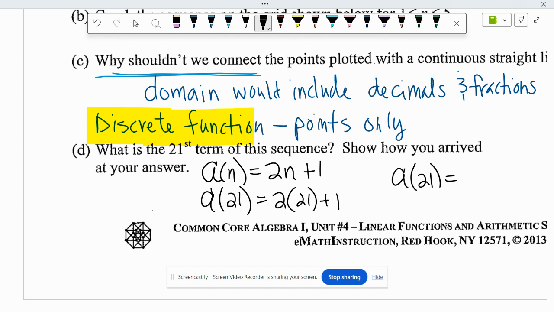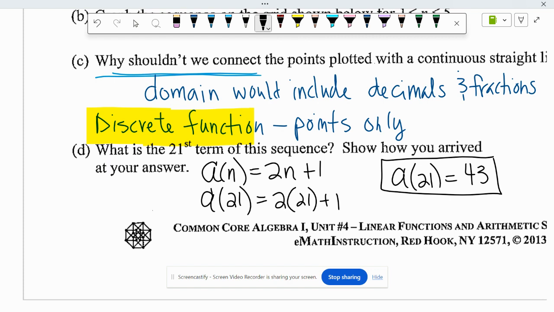What's 2 times 21 plus 1? It is 43. All of your homework questions today ask you to show how you arrived at your answer. So we need to make sure we show our work.